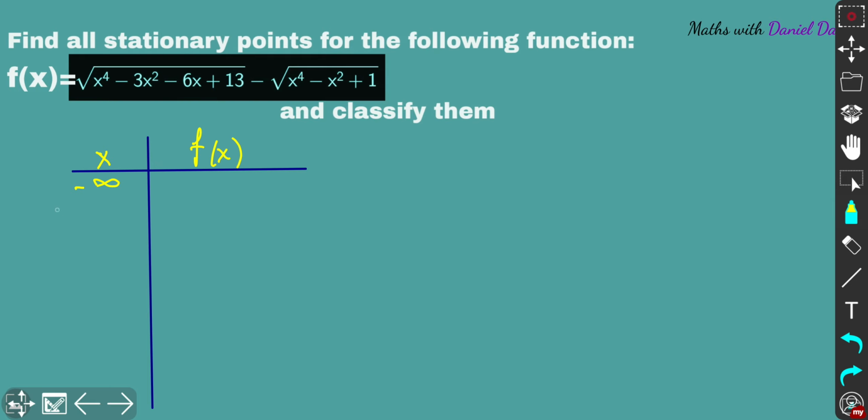So negative infinity, then x1, which is 1 over 6 times (1 minus square root of 37), or if you like, you can use decimal format, no matter. Then 2.79, and then positive infinity.